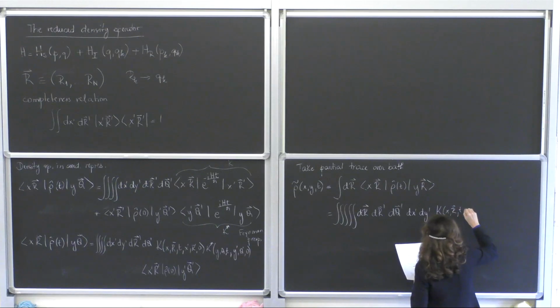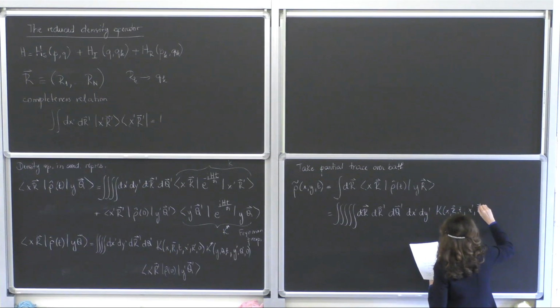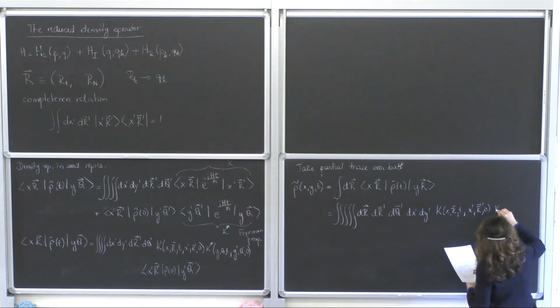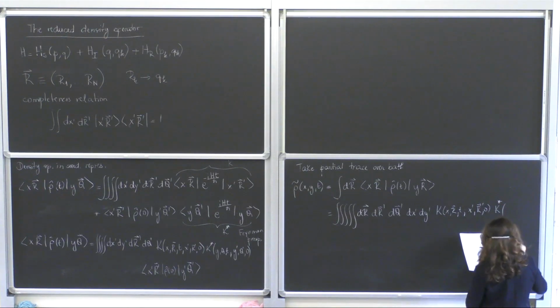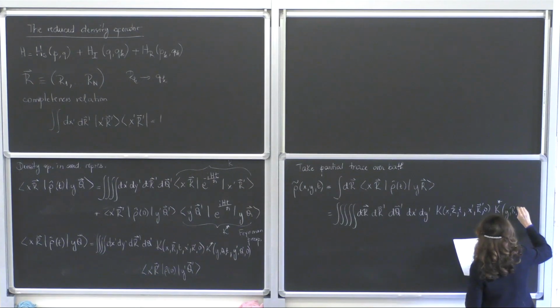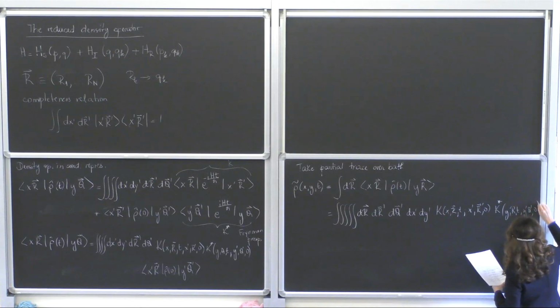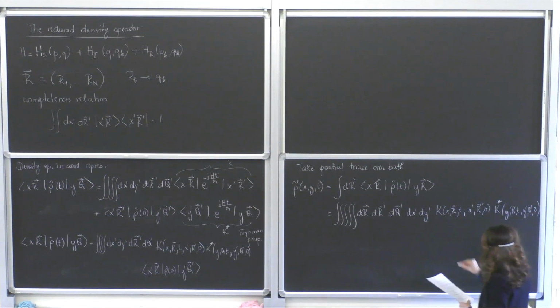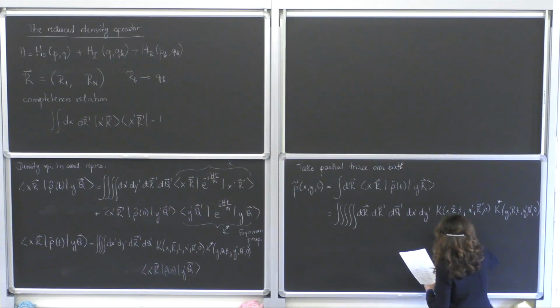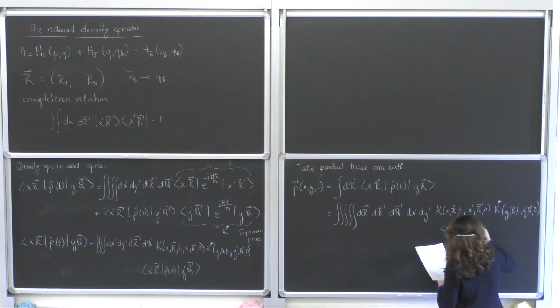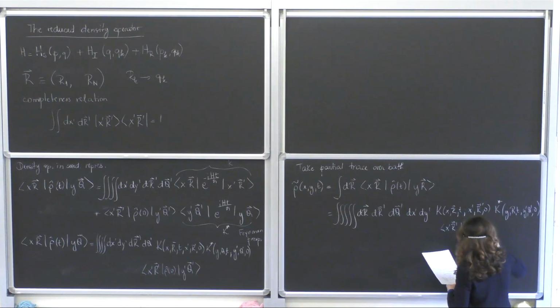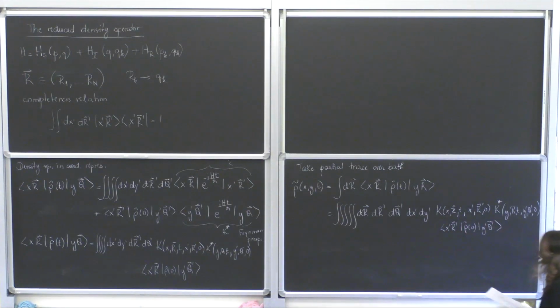X, R, t, X prime, R prime, 0, K star of Y, R, t, Y prime, Q prime, and 0, times the initial condition, rho of 0, Y prime, Q prime. Okay? So it's long, but formally it's quite simple, right?